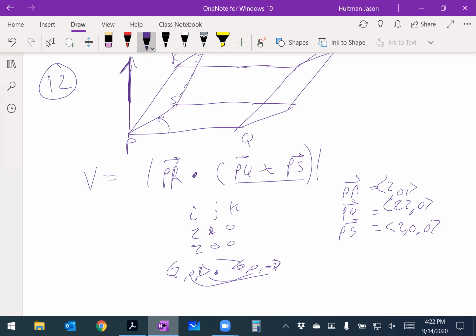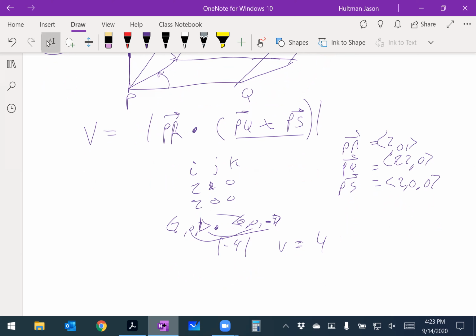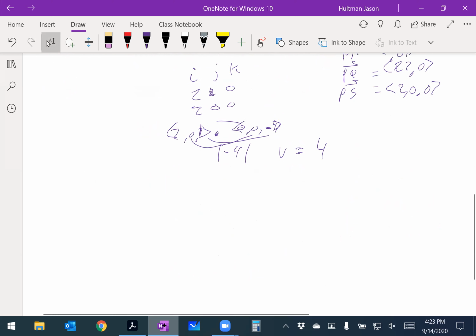So then this is 1. So this is -4. So the volume though has to be a positive result because it's the absolute value of that, and so it's 4. So that's how you do that one. Others that you'd like to go over?